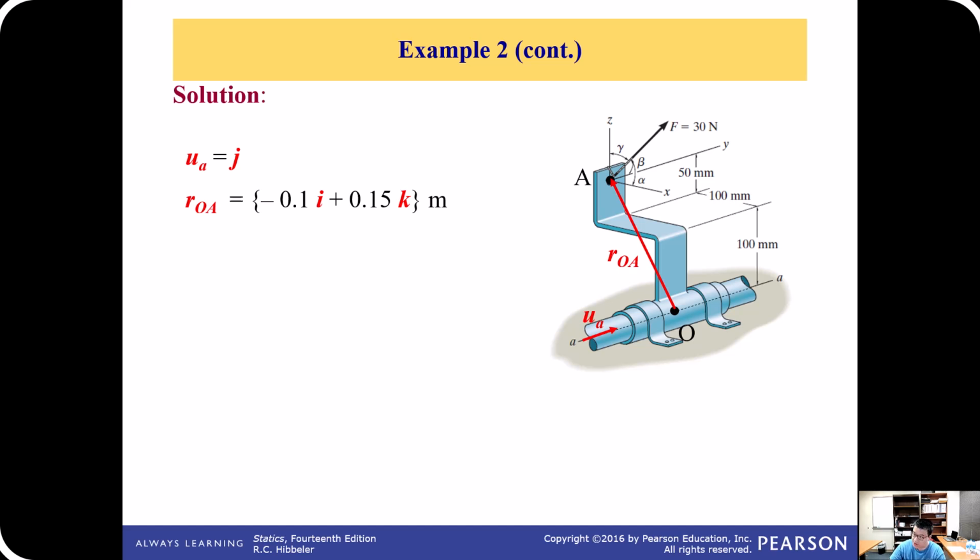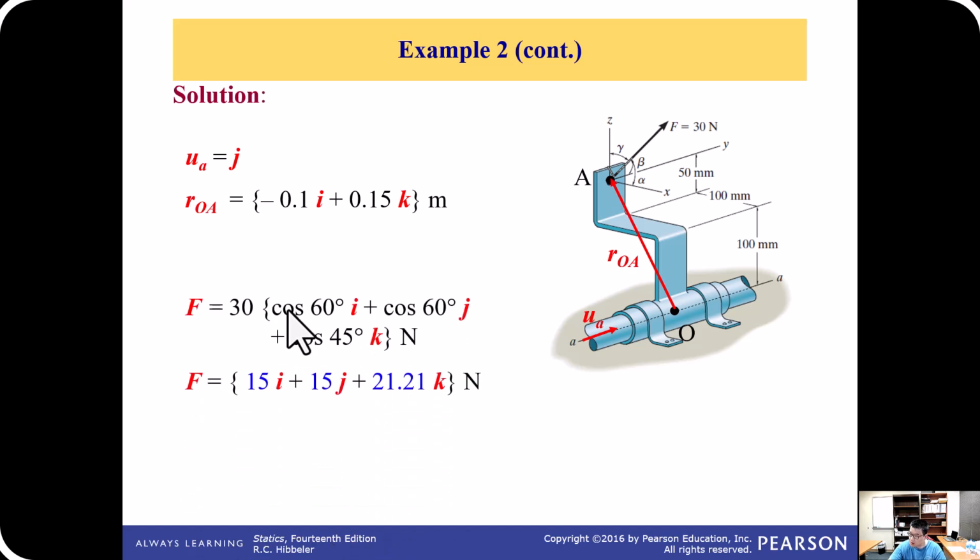So ua will be just j, and rOA will become minus 0.1i plus 0.15k in meters. And for F, you already know the alpha, beta, and gamma angles, so you can decompose F into x, y, z components in Cartesian form very easily: F equals 30 times cosine 60 i plus cosine 60 j plus cosine 45 k. So that's F.